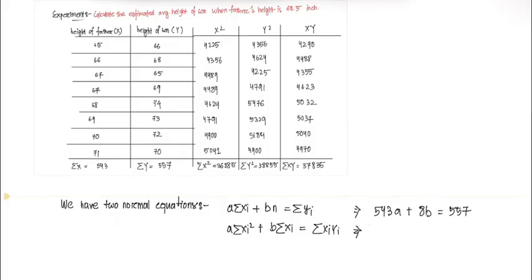Here also, 36885a plus 543b equal to sum of xi yi, which is 37835.